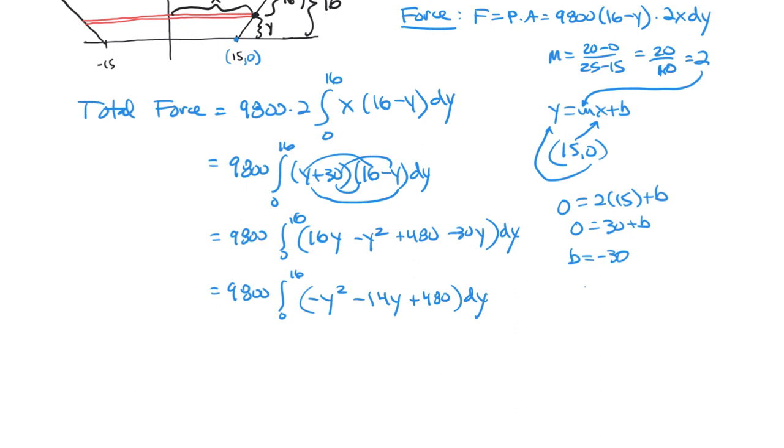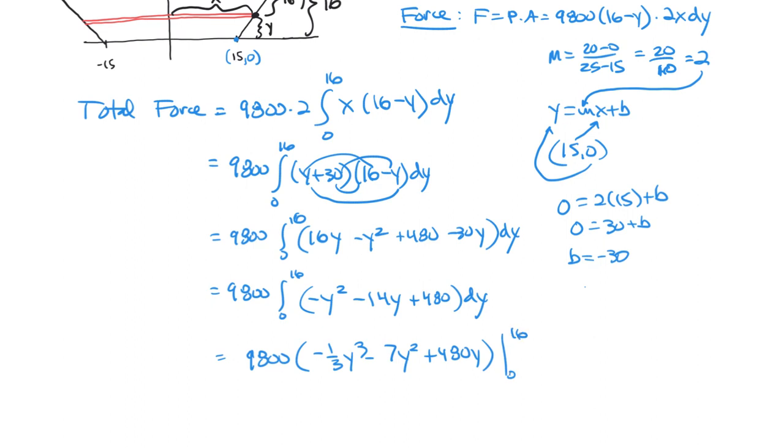Right, and then from here, it's not too bad. We just have a power rule, right? This integral is not bad at all. 9,800 negative 1/3 y cubed minus, let's see, 7y squared plus 480y from 0 to 16.